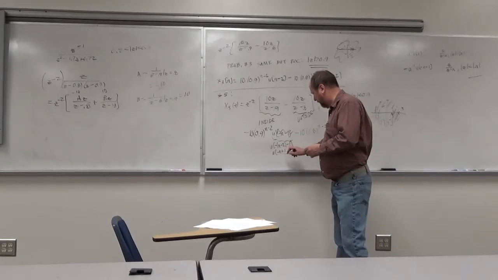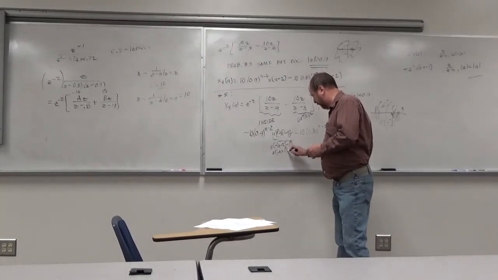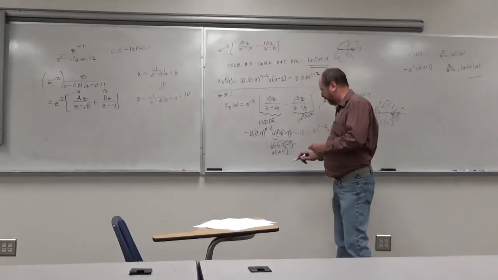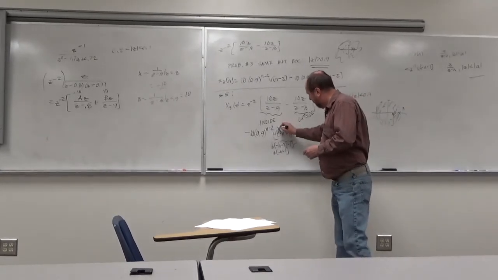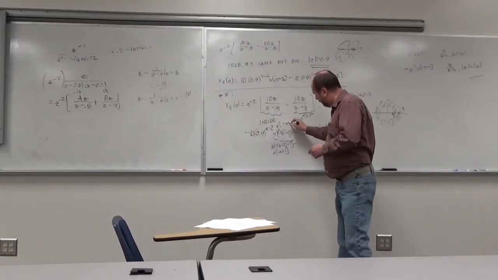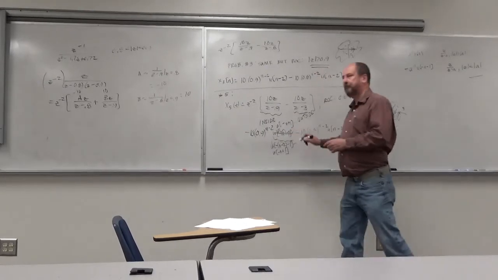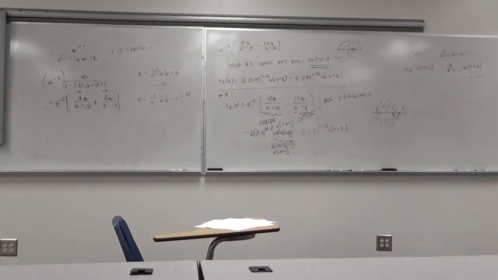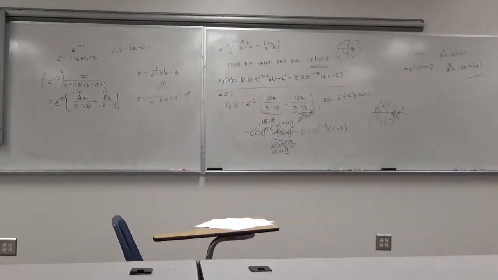Plus 1, right? Okay, so there's the answer. This should be u of negative n plus 1. Gets a little tricky there, but the technique is exactly the same. Just remember, when you replace n by n minus 2, generally it needs to go in parentheses. Sometimes it won't matter, but there are times like this when it does.